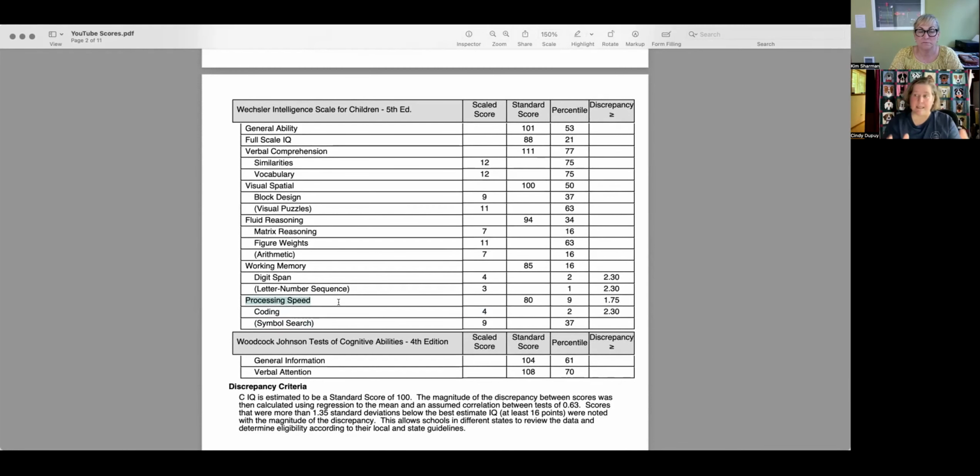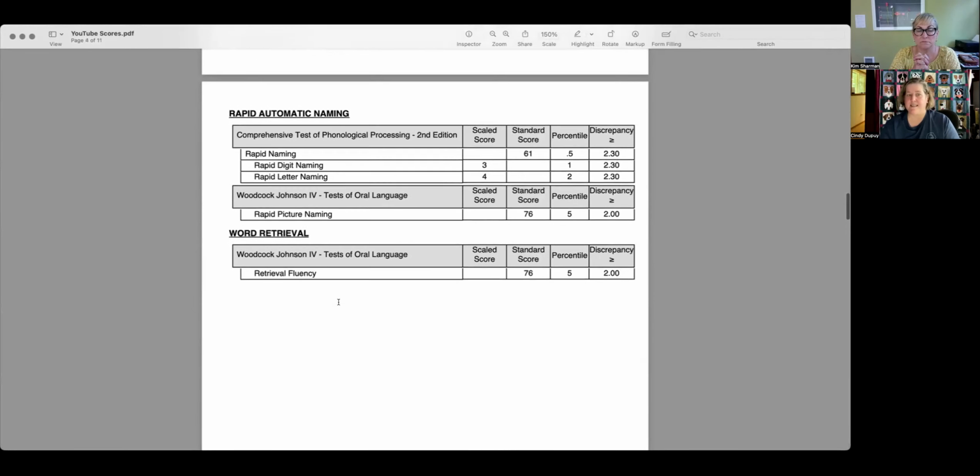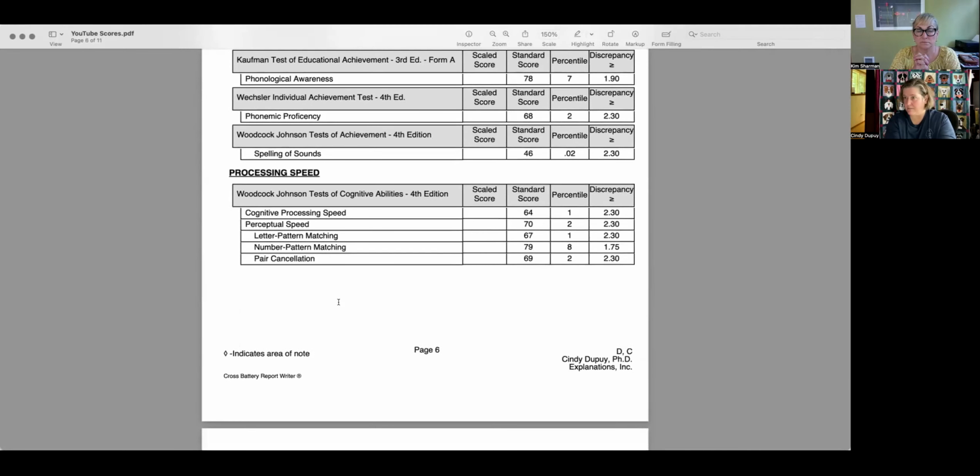So you could lump it together with other processing speed scores to say, how is my child's processing speed? How quickly can they take information in and do something with it under time constraints? Okay. So you group data based on that. All right.